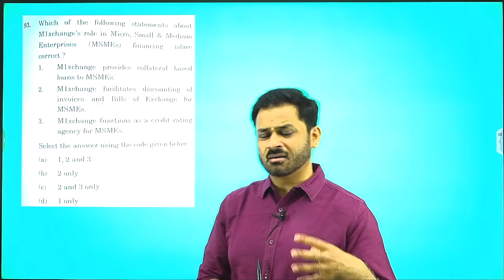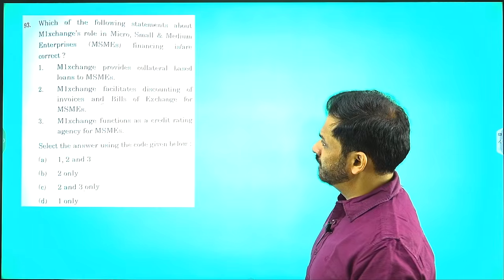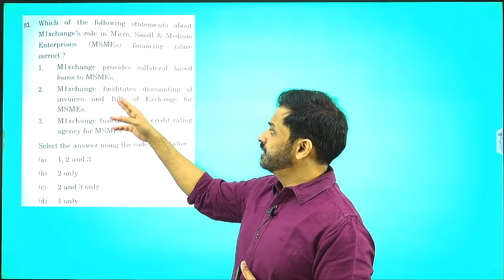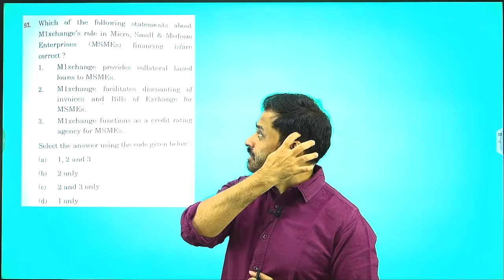So this is how some discount is also provided, and this is how the banks will also earn some profit out of it. So M1 exchange provides collateral based loans to MSMEs? No, it is not collateral based because collateral is not required. You have the invoice on the basis of which that discounting is happening. So collateral is not required. First statement is not correct. M1 exchange facilitates discounting of invoices and bills of exchange for MSMEs.